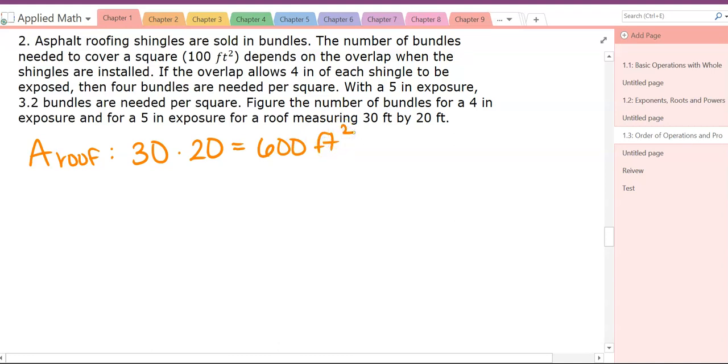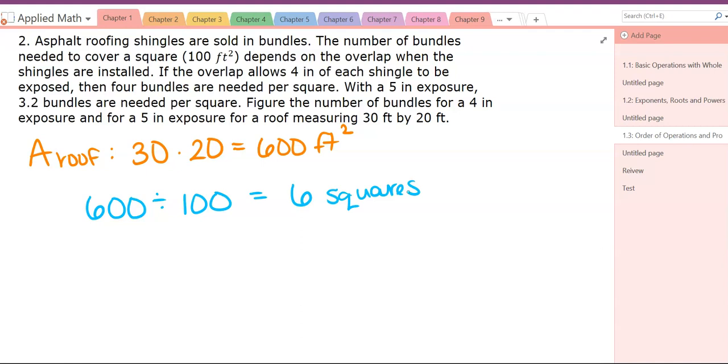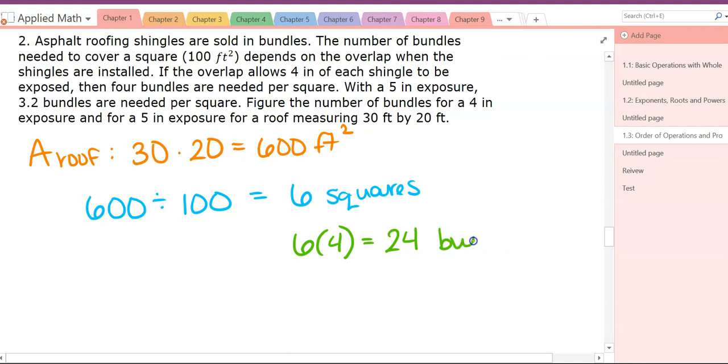Okay, so the number of bundles, like a bundle is going to cover 100 feet squared. So I'm going to take that 600 feet squared and divide by the 100 feet squared. So this gives me 6 squares. Then if the overlap allows 4 inches of each shingle to be exposed and 4 bundles are needed per square, to figure out how many bundles we need, we're going to take 6 times the 4, which would be 24 bundles.